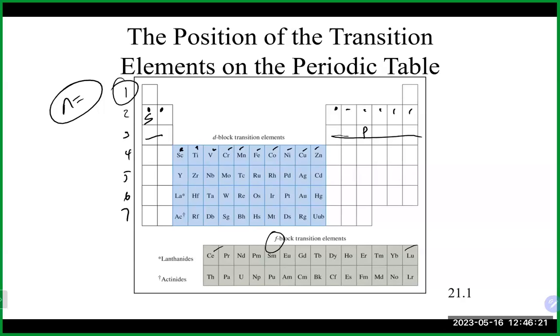By the way, though, a reminder that this, which is our first transition metal, is what d orbital? D orbitals start on what energy level? They start on the third energy level. So that's actually 3D, one behind the period number. That's 4D, 5D, and 6D going that way. So that's an important thing to remember.